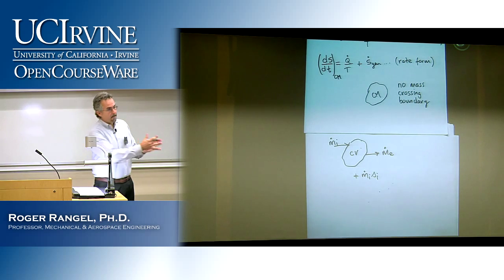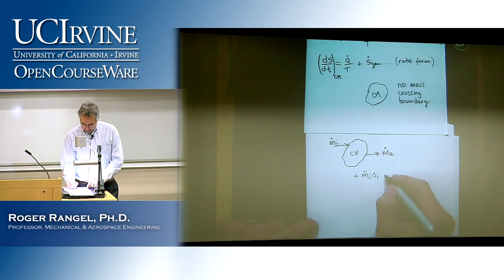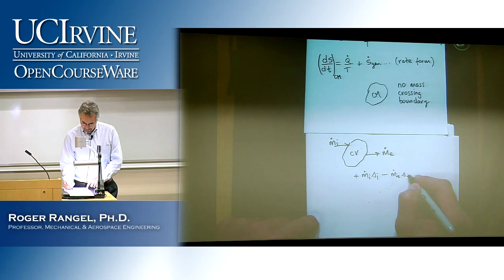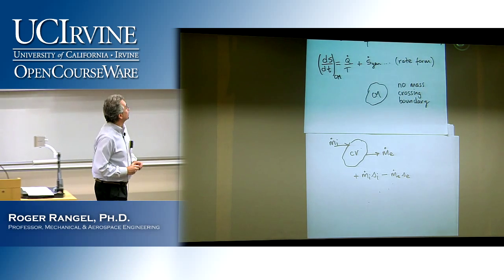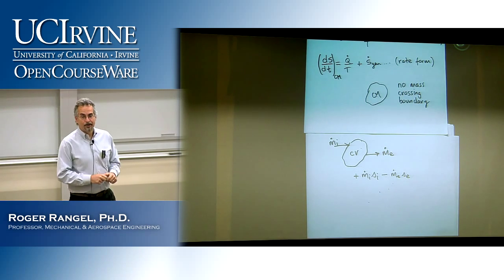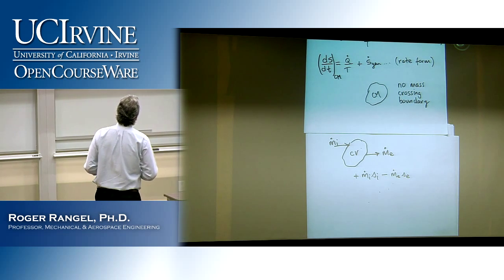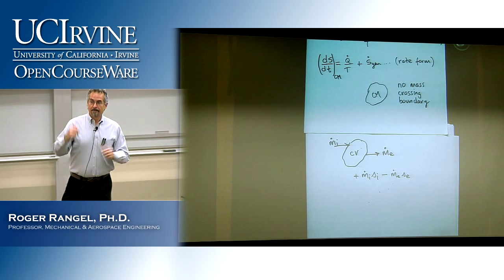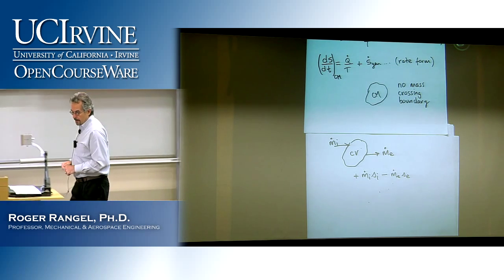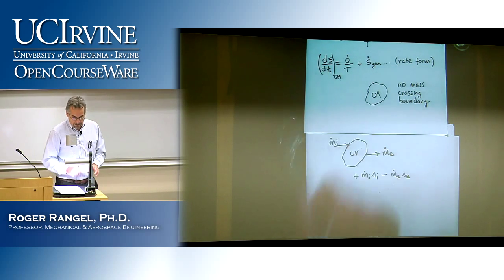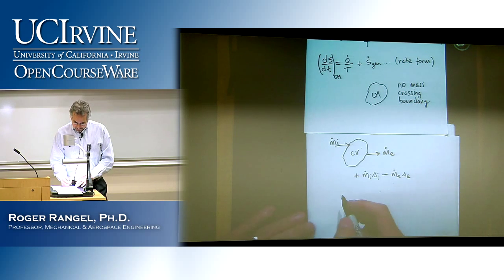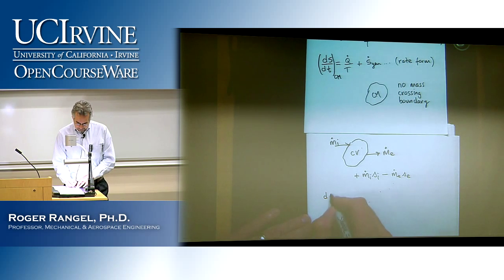And of course, if any mass leaves the system, then it takes away minus m dot e s_e. And that's all. That's all I need to add to our expression of the second law if we want to apply it to a control volume. So the full equation is, let's write it again because we want to change the notation here.